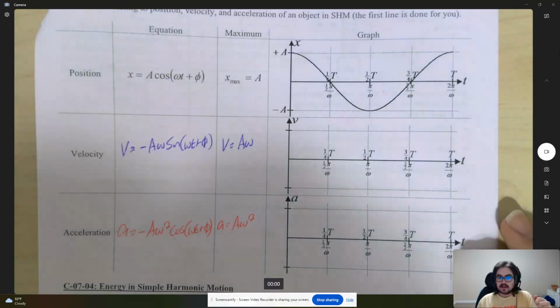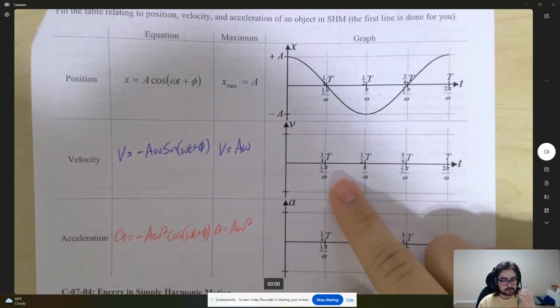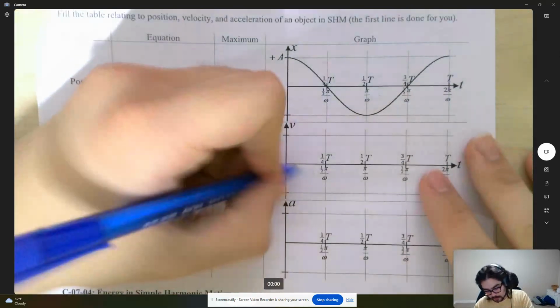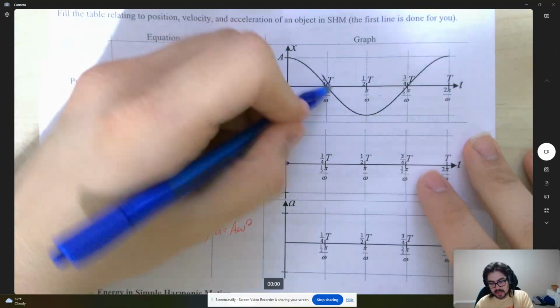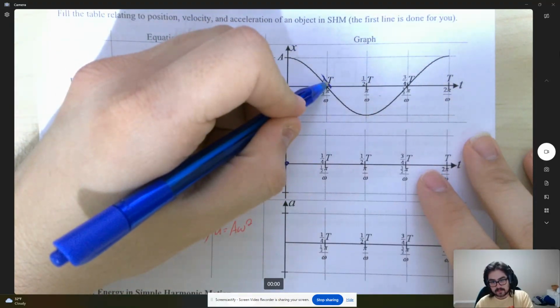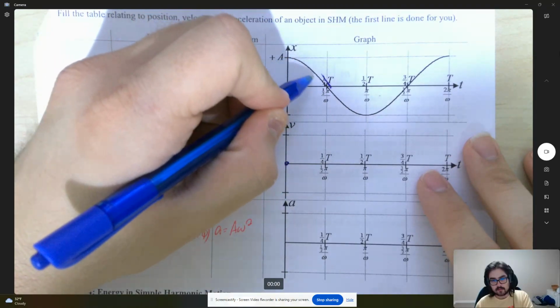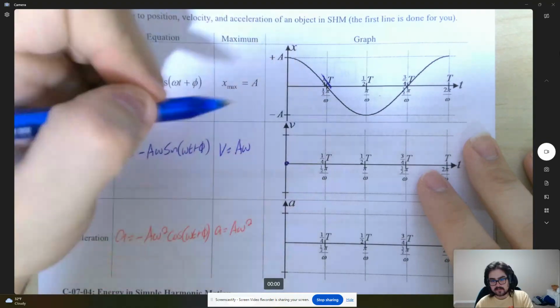Okay, and so when I do the curves for these, what the graphs are going to look like, this is going to start at 0 because my slope initially is 0. And then my slope here is negative, and it's actually the greatest the slope's going to be. So it's getting more and more negative, then it's the greatest it's going to be, and then it's getting less, less negative.